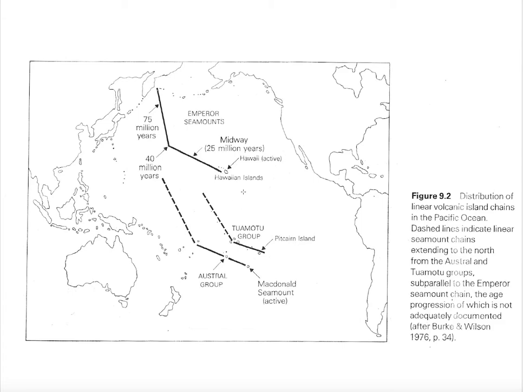So then here we have another group. We have the Austral group here. And here we have the Tuamotu group, yeah? And therefore here we have the active MacDonald seamount, yeah? Has nothing to do with the McDonald's fast food chain, yeah?